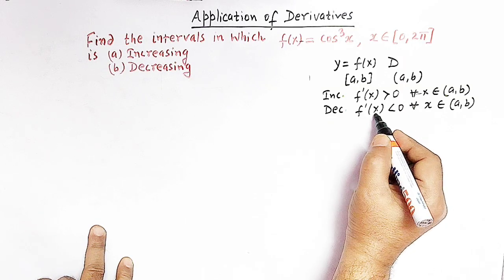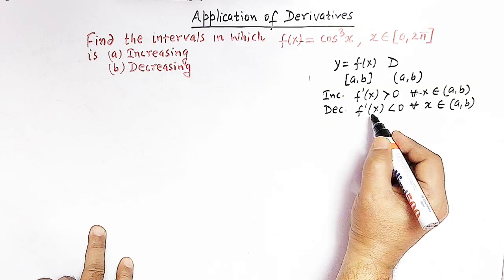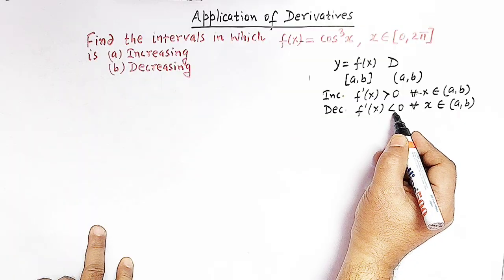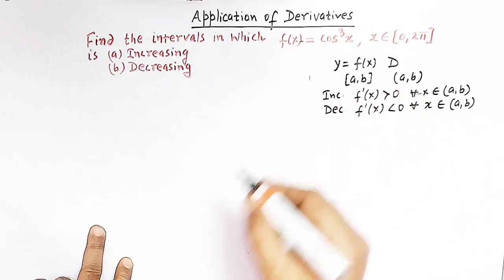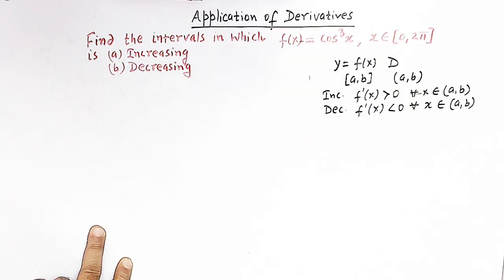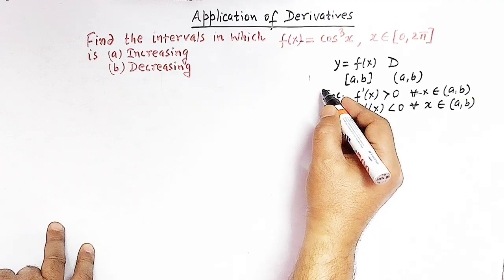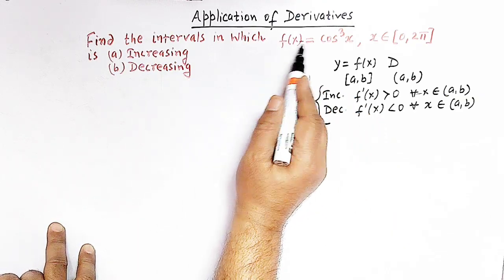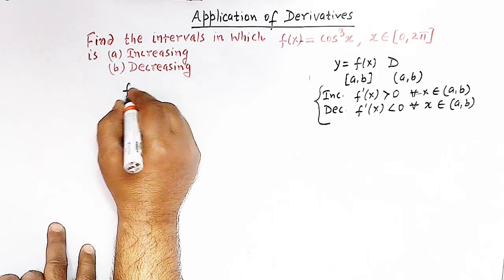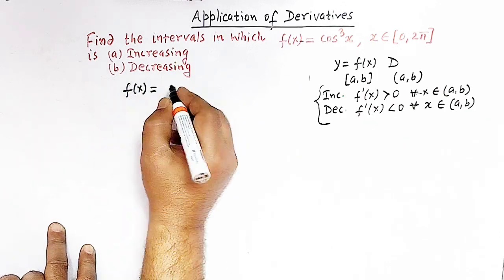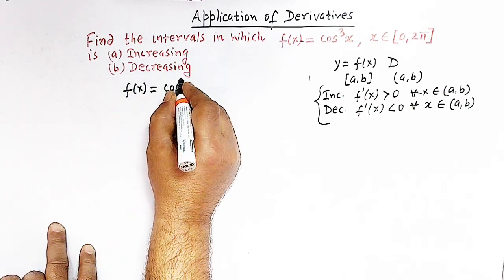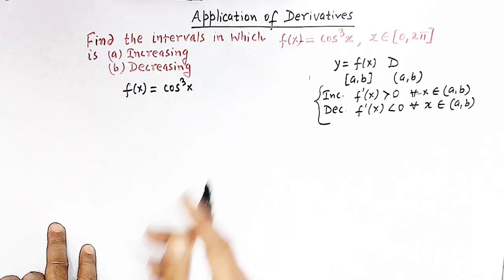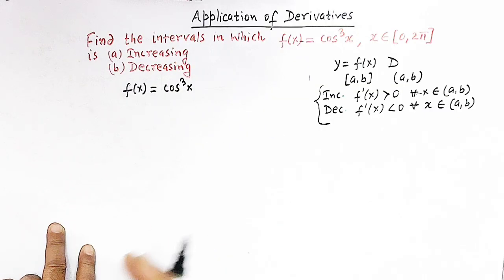And when the derivative is negative, that is f prime of x is less than 0, then the function is said to be decreasing. So here we'll make use of this concept to find out the intervals where this function f of x, that is cosine cube x, is increasing and decreasing.